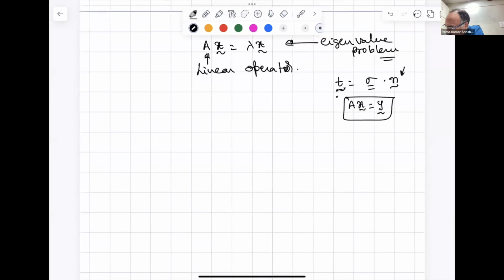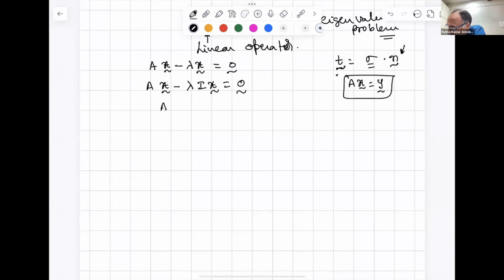I am rewriting this equation. I can write Ax minus lambda X equal to 0, the null vector, not the scalar 0. This can also be written as Ax minus lambda times Ix. I is what? Identity matrix.